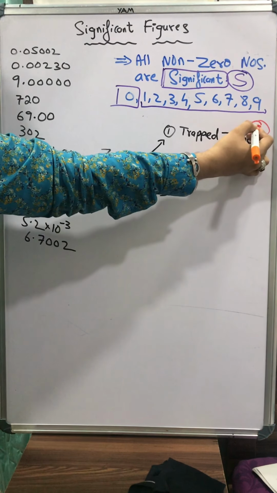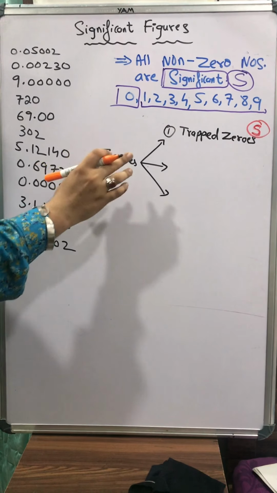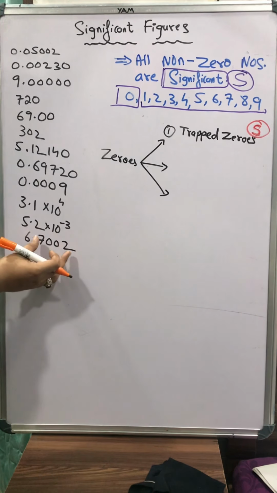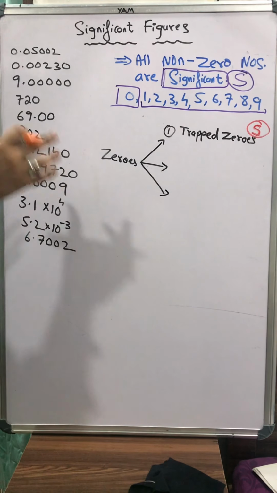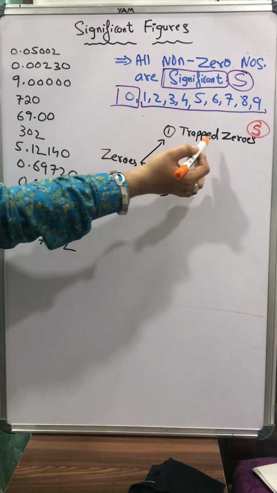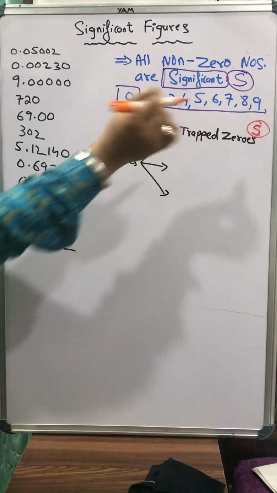So I'll mark S over here. Whenever zeros are trapped between 2 significant figures, those zeros are counted as significant figures. So trapped zeros are always considered as significant. I wrote S. S means significant.